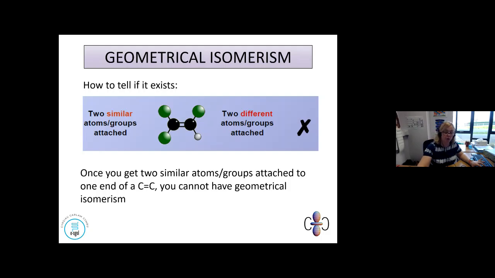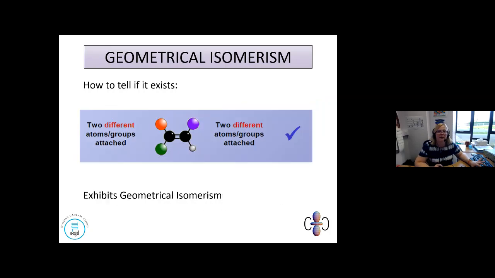In the same sense, I've got different groups here, a green and a white, but the fact that one side of it has an identical group attached means that we are now limited in our ability to have an E/Z isomer. So anytime you've got two of the same, in this case two greens, it means that E/Z cannot exist. It could be as complex as having four different things attached. In this case, that will always be E/Z.